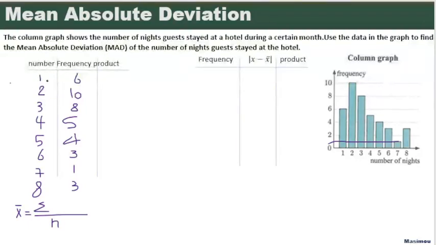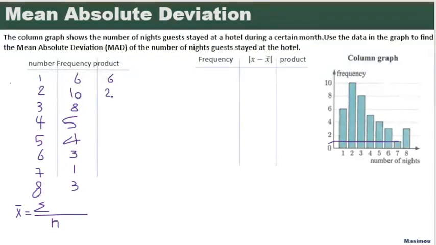That means one night happens 6 times, or 6 people stayed one night. So I have to find this data: 1 times 6 gives me 6. And 2 nights, 10 times it happened. For 2 nights, I have 10 people.